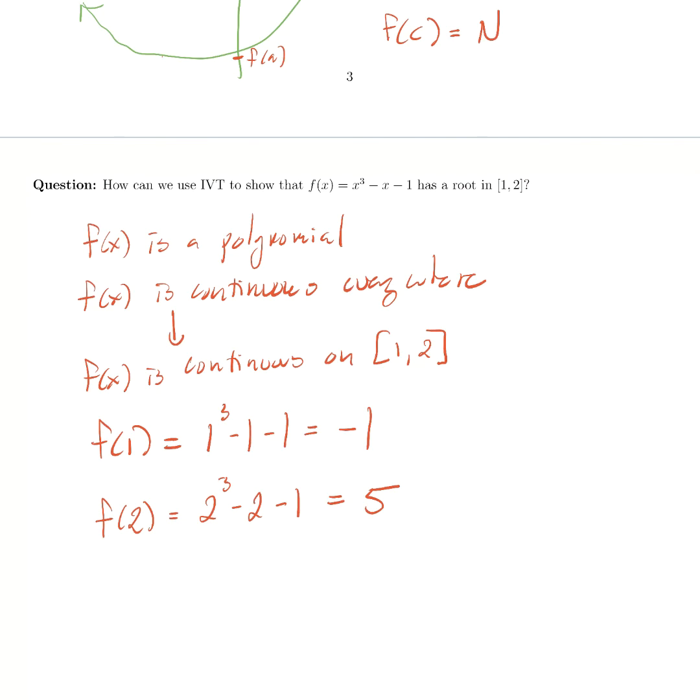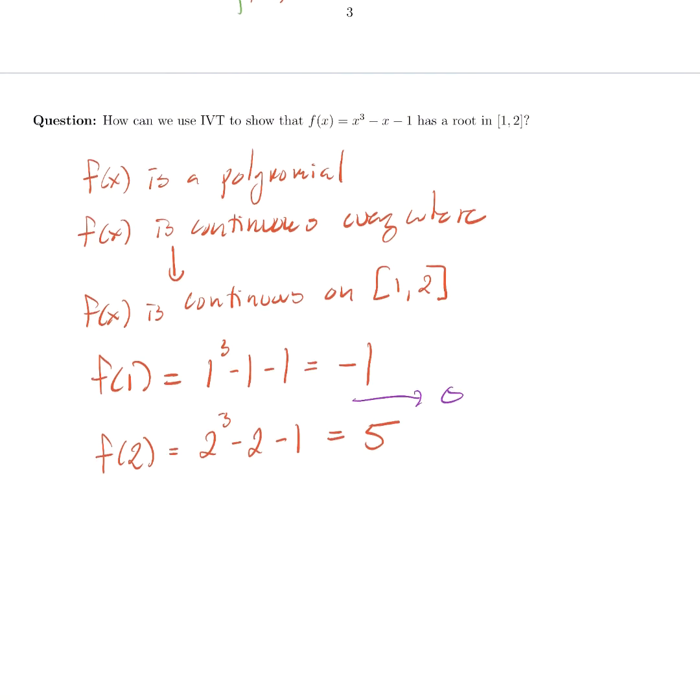Okay, well, what do we want to show? We want to show that f(x) has a root. So that means we want to show that f of something is equal to 0. Well, where does 0 live? It lives right in here between negative 1 and 5.